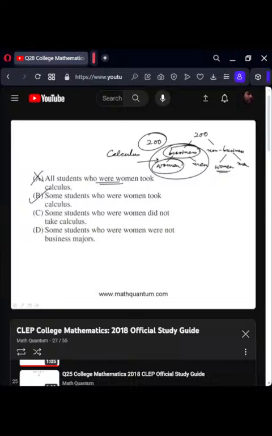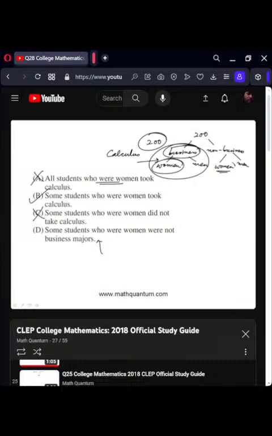What we know is all students who were business majors took calculus, but it's possible that all non-business majors also took calculus. We can't do that. Some students who were women were not business majors.